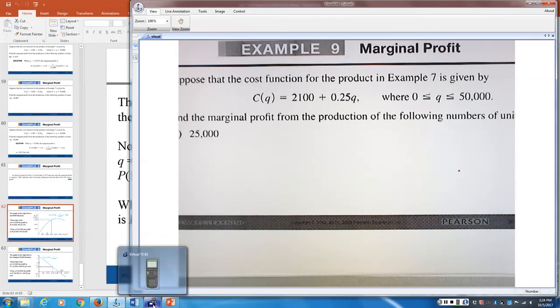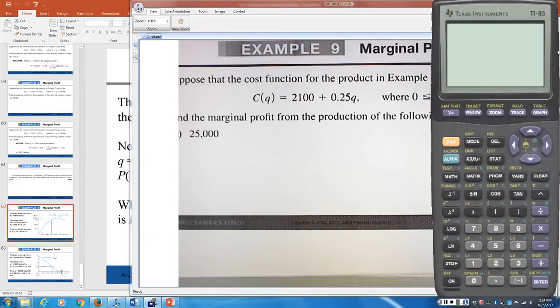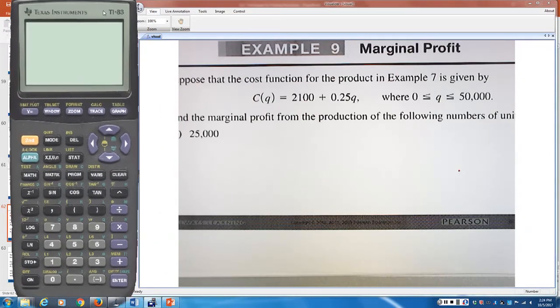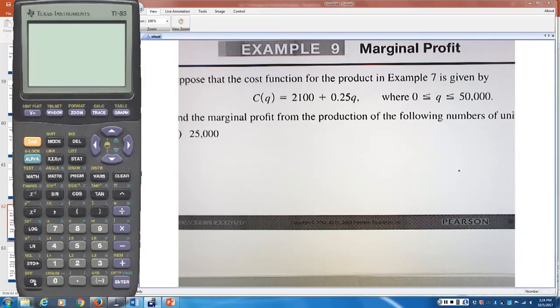That actually was on the graph that I just showed you, but just briefly here, all we're going to do is change that 21,875 to 25,000. And notice now your profit is increasing or decreasing at $2.25 for each additional unit.